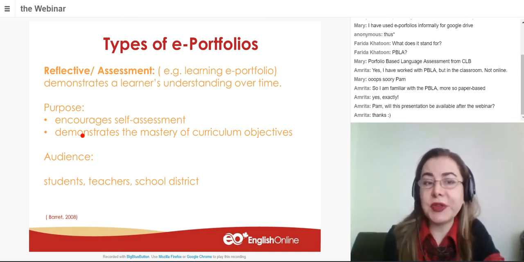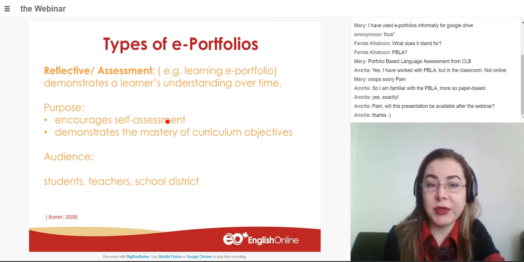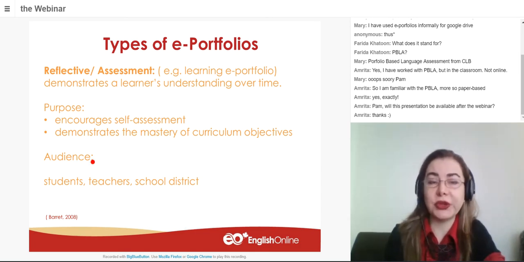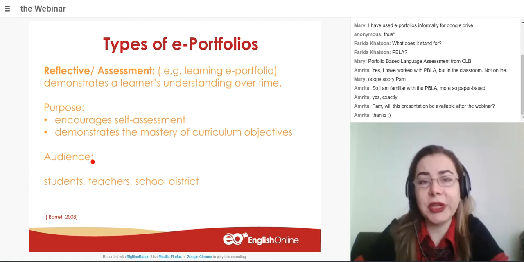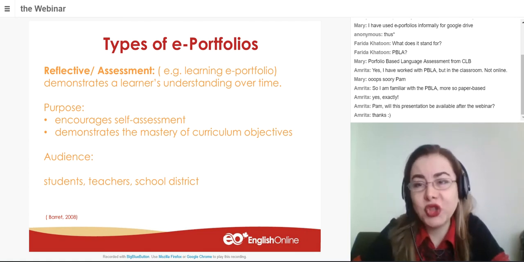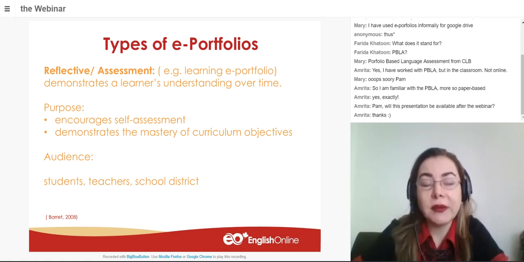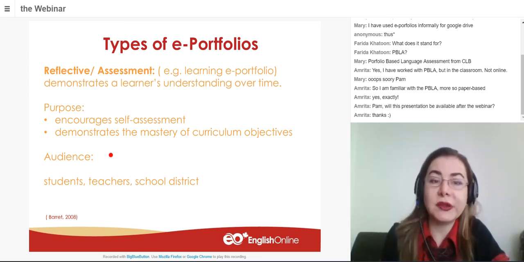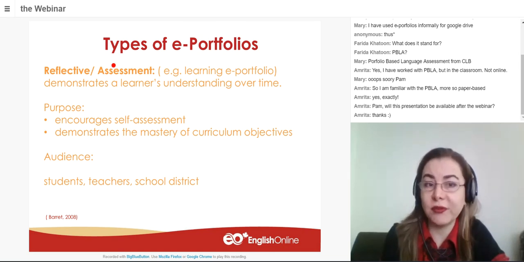And here the purpose is to encourage self-assessment. This is actually one of the major purposes of e-portfolios, and I guess can be applied on portfolios generally speaking, is to encourage the learner to self-assess and to demonstrate the mastery of curriculum objectives, which is related more to assessment.